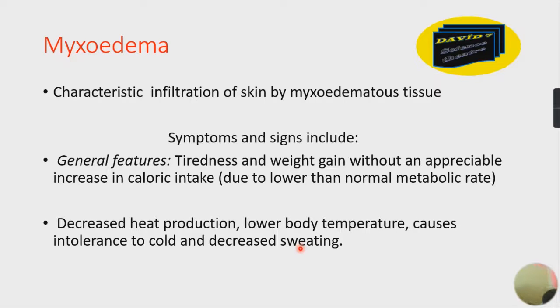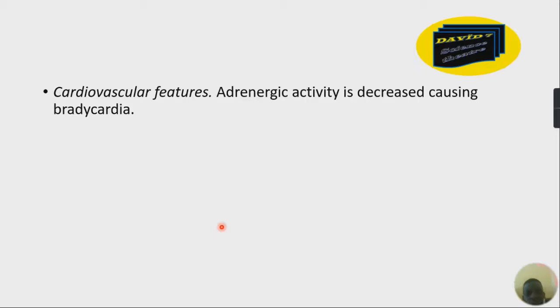When the temperature is low, these people cannot tolerate coldness, and there is decreased sweating. Okay, all these are signs and symptoms of myxoedema, and there are also cardiovascular features. For example, adrenergic activity will be decreased, and this will cause bradycardia.